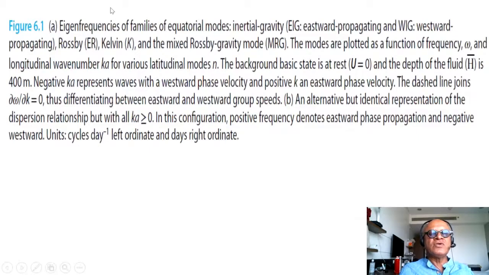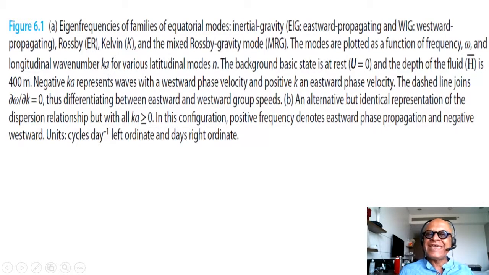So these are basically eigenfrequencies of families of equatorial modes. So eastward and westward inertial gravity waves, equatorial Rossby waves, Kelvin wave, and mixed Rossby gravity mode. The modes are plotted as a function of frequency omega and longitudinal wave number Ka. So we keep switching between K and Ka because westward propagating waves, as we said, have latitudinal dependence.